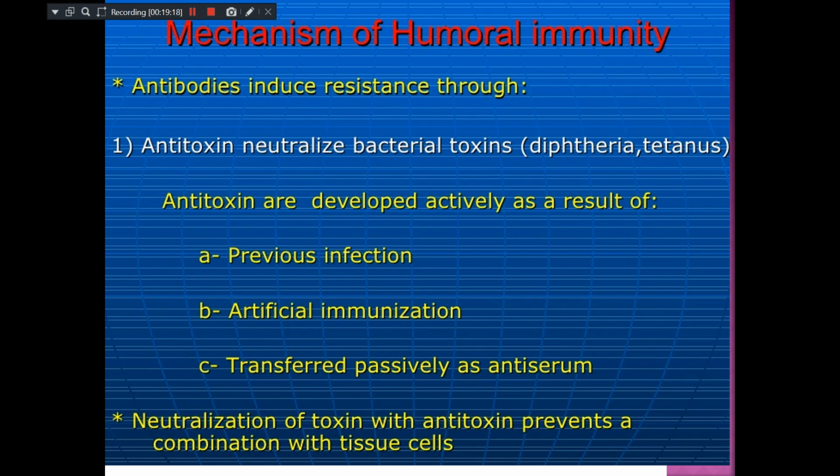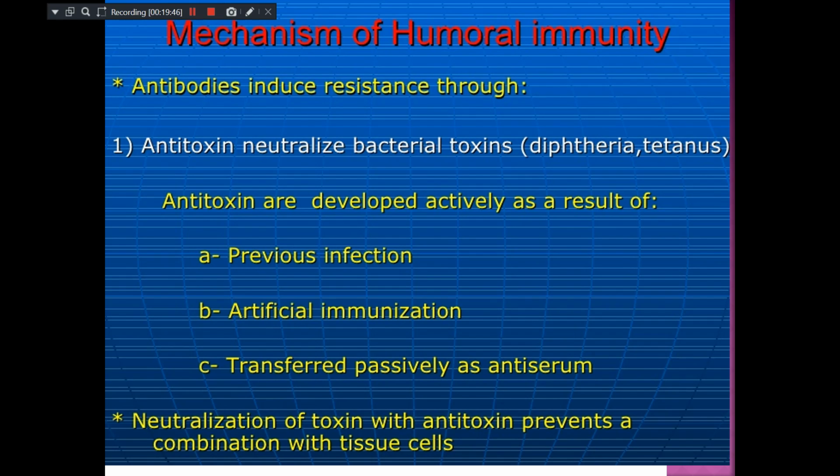Suppose you have had chickenpox, people say, and you also agree, that you will never catch chickenpox again. This is because of the previous infection. That's why usually a human being will get chickenpox once in his lifetime, because the memory cells from the previous infection are there and they will immediately produce antitoxins.